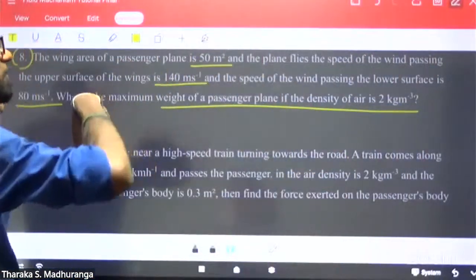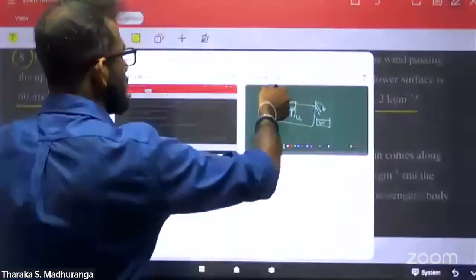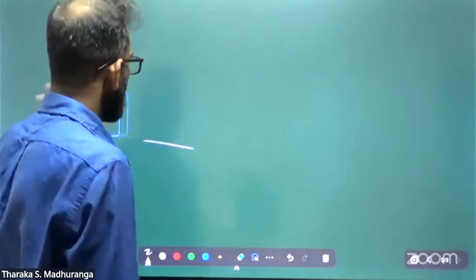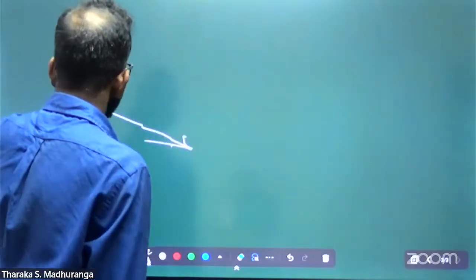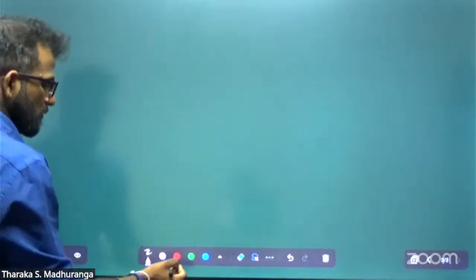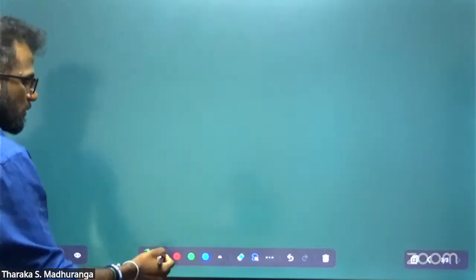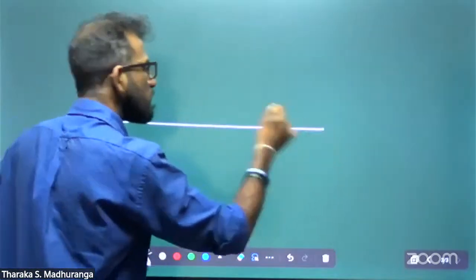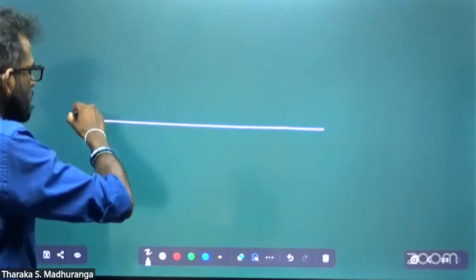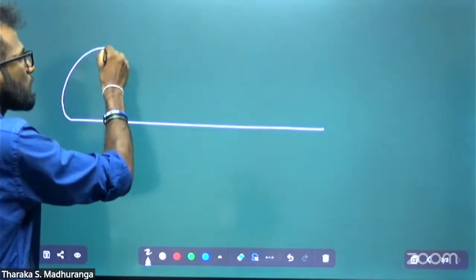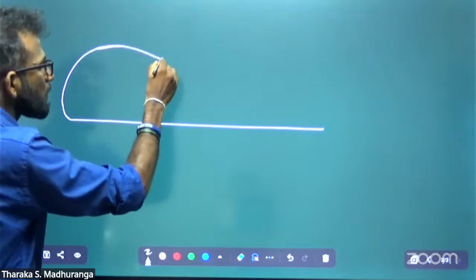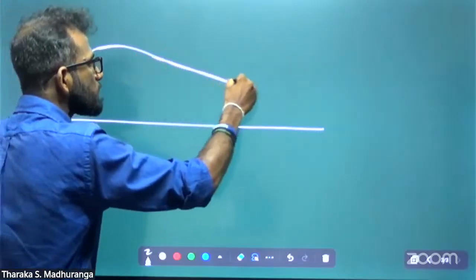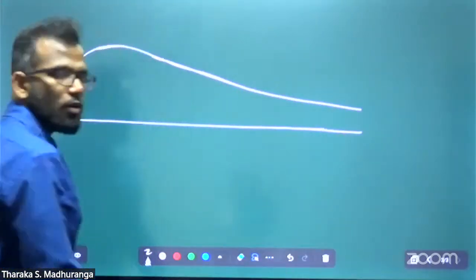The air density is given. Now, if you consider the plane, the lower surface is a smooth surface, with no disturbance. The upper surface, the front area, has high thickness and it is like this. This is the overall shape.